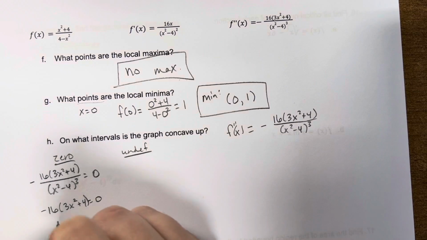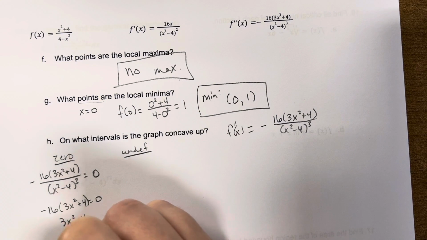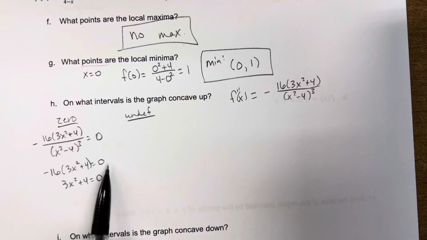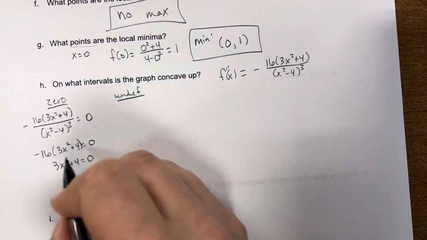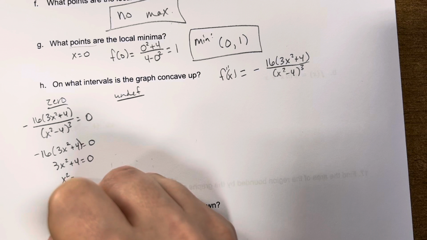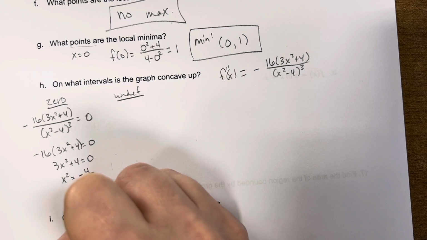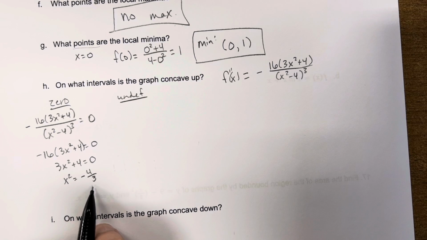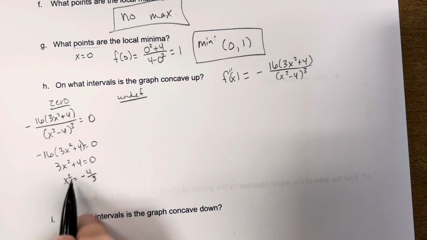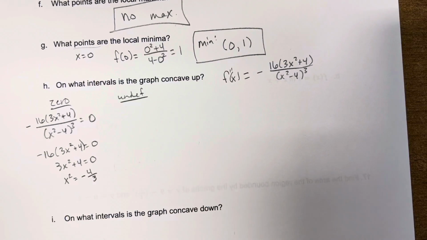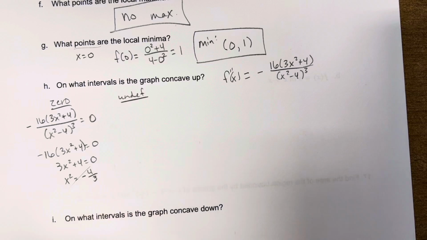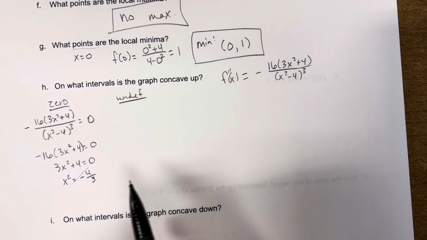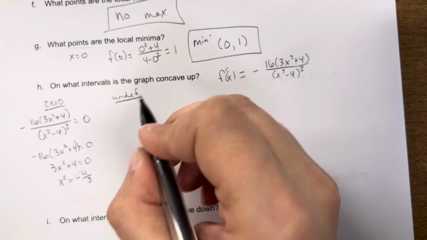If I divide by negative 16, I'm still going to get 0. So I don't need to distribute this. I can just divide that out and it goes away. So I get that x squared is going to be negative 4 over 3. If I move that 4 over and then divide by 3, I get this, which is a negative value. So I'm just not going to worry about that one at all, unless it's an imaginary number, which I'm not concerned about.